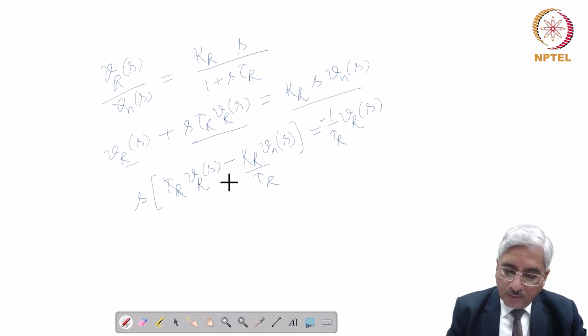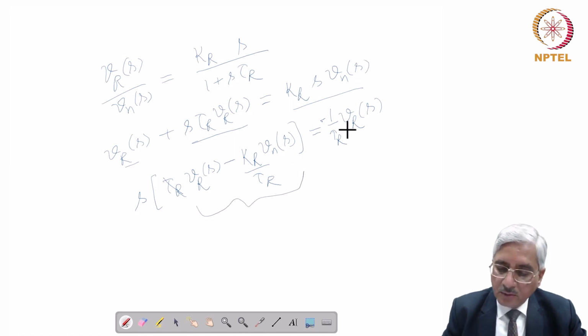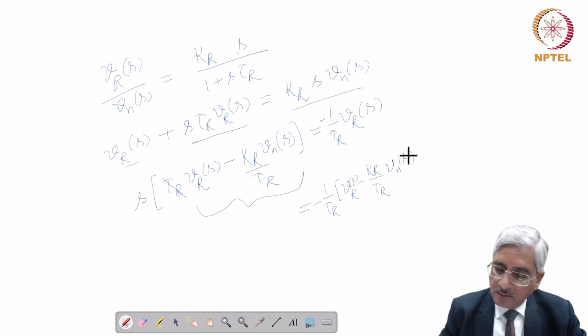And what we do is we want to identify this as state variables. So we rewrite that other side as Vr minus Kr by tau r into Vn(s). We force write this term, and that means that because this is a minus sign, so it is added, so we subtract. So we subtract Kr by tau r square Vn(s) to keep it balanced.